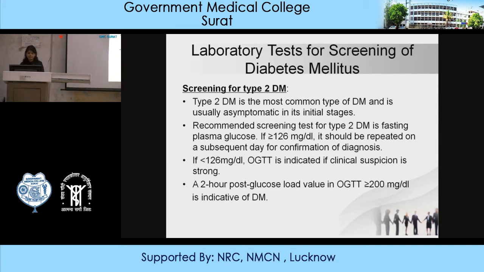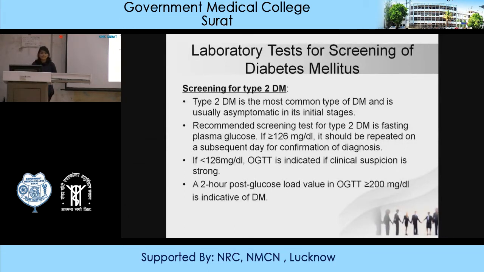Okay, first let's focus on the criteria. If the blood glucose level is more than 126 mg per dl, we should confirm it with PP2BS, that is 2-hour postprandial glucose level, and OGTT, that is oral glucose tolerance test. And if this value is more than 200 mg per dl, that is indicative of diabetes mellitus.